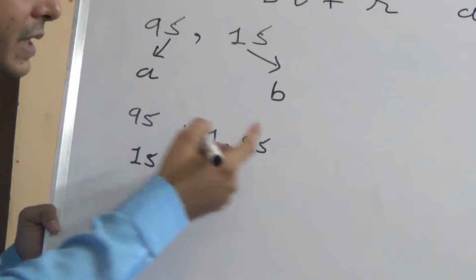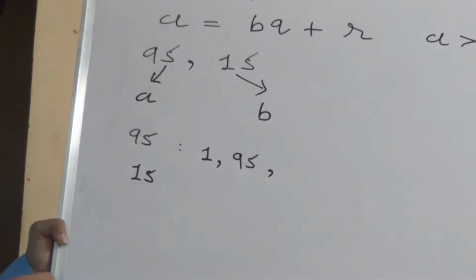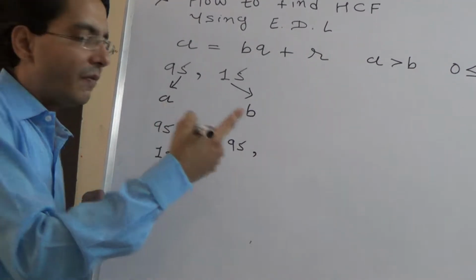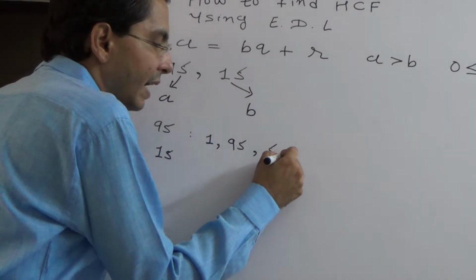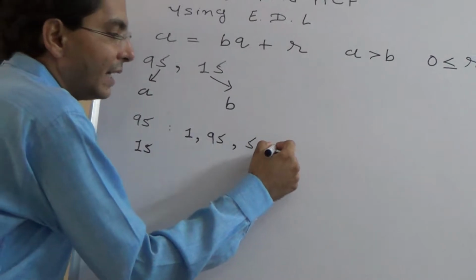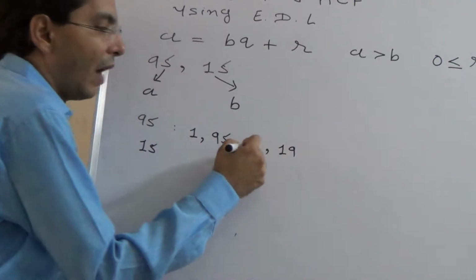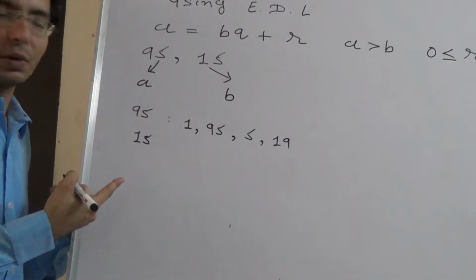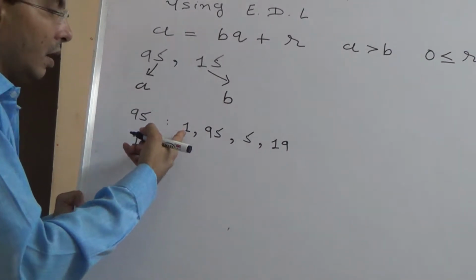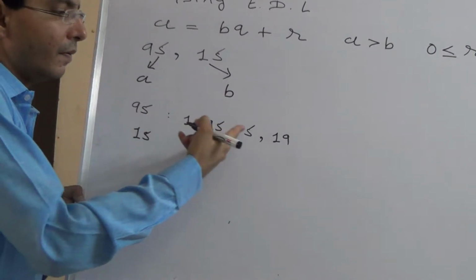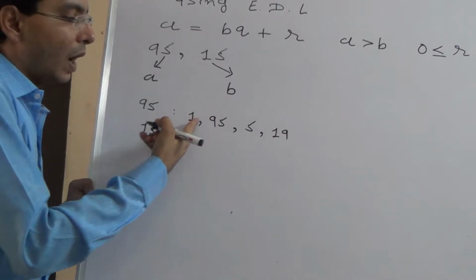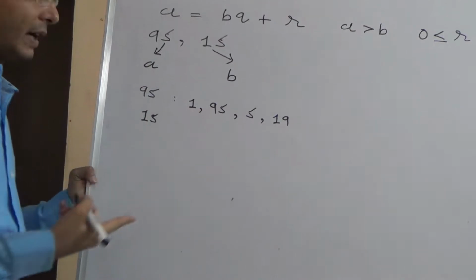Then our unit digit is 5, and if the unit digit is 5 or 0, it is divisible by 5. If I divide by 5, we get 19. So 5 and 19 are also factors of 95. So the factors are 1, 5, 19 and 95.